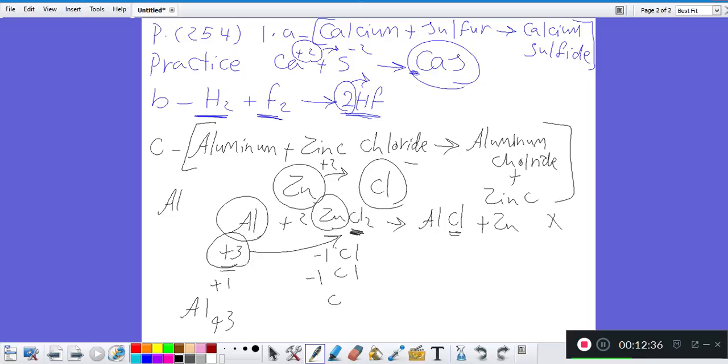So each chlorine atom is going to gain 1 electron, and in that case we have 6 chlorine atoms with these 2 aluminum atoms. Each one is going to gain 1 electron from both aluminum atoms.